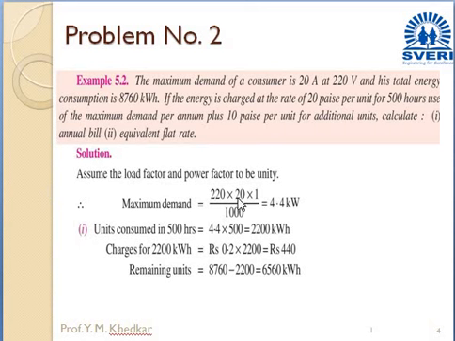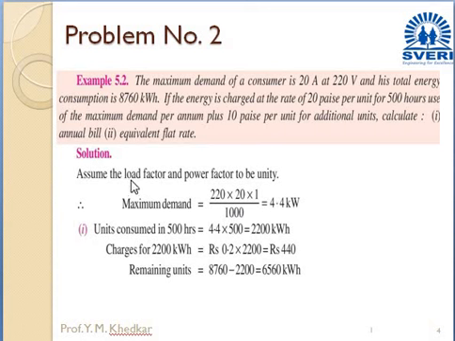So 220 multiplied by 20 multiplied by 1. Here we divide this by 1000. Why do we divide it by 1000? Because if you multiply current and voltage, the maximum demand or power produced will be in watt, and when we divide it by 1000, it will be in kilowatt. So 1000 is nothing but the conversion parameter to convert maximum demand from watt to kilowatt.